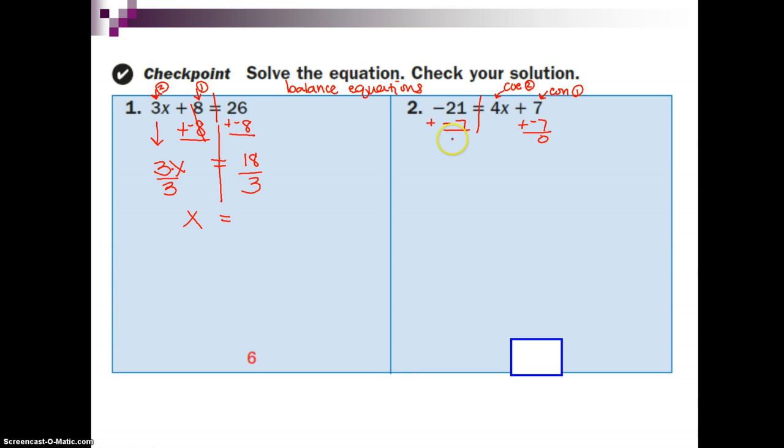Negative 21 plus negative 7 is negative 28. Equal sign, just keep bringing that down. Bring down 4x, and you don't need this 7 anymore. Got to get rid of the 4 that's being multiplied, so I divide by 4. Negative 28 divided by 4 is negative 7. So x equals negative 7. And you should have the x equals.